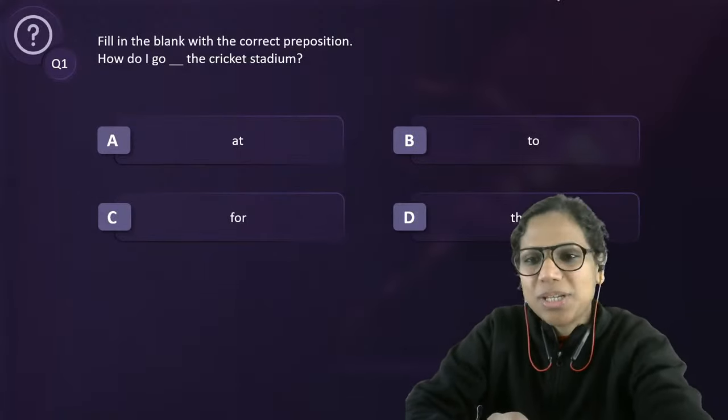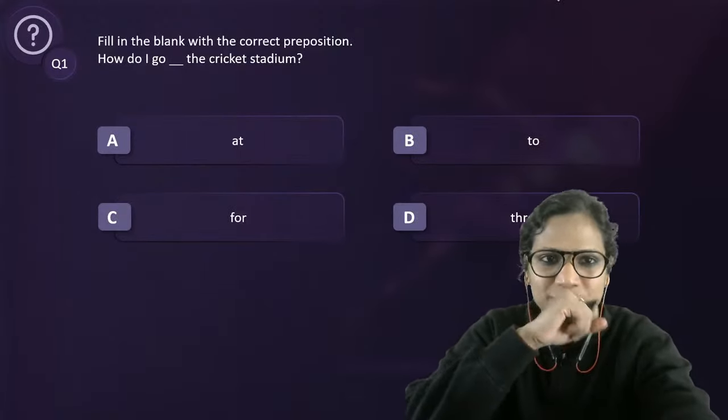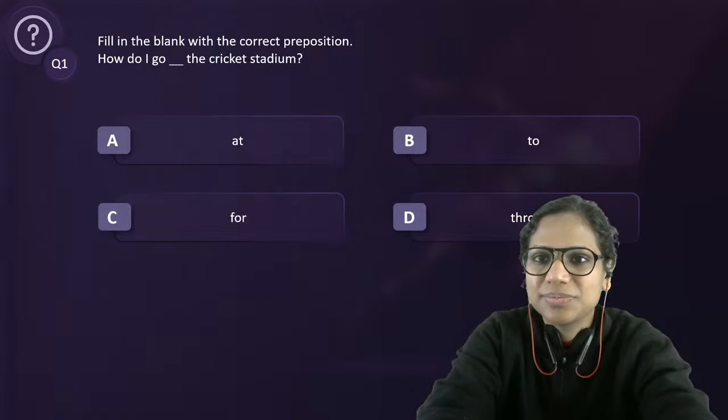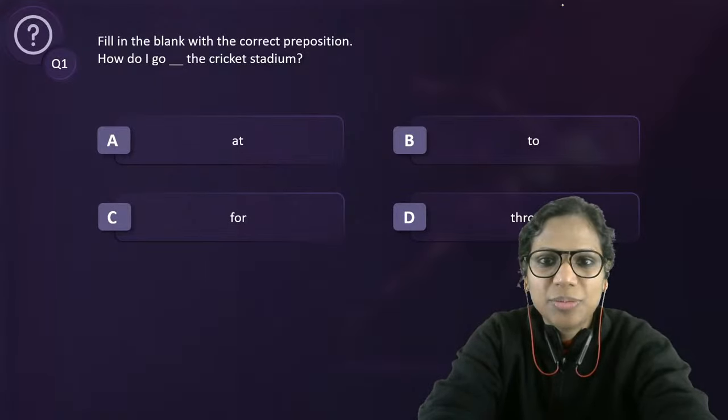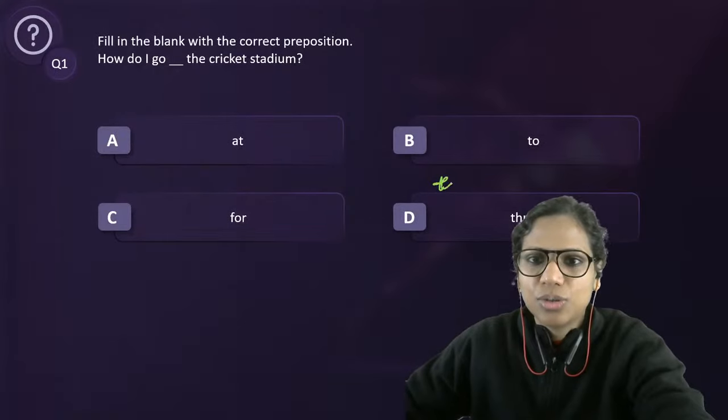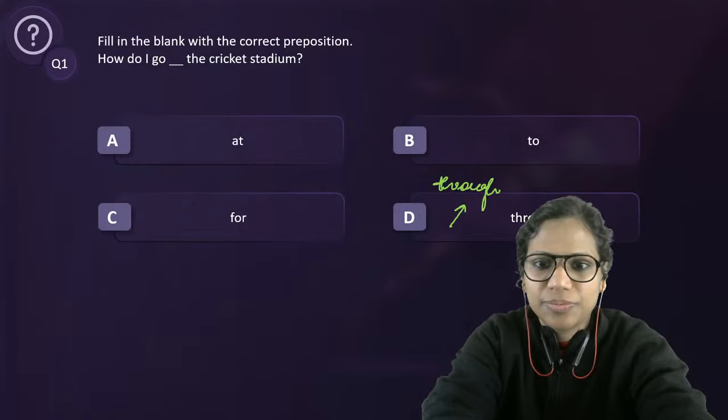A 10-second question. Okay, I think I'm hiding a part of the screen. Okay, so D is through. Okay, so you don't even need to see the fourth option, isn't it?